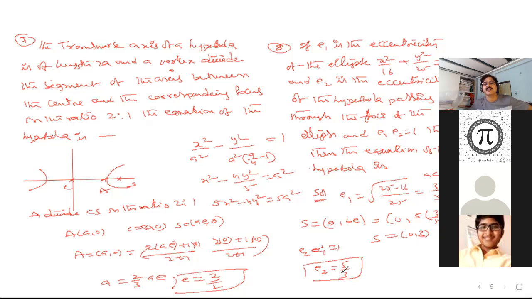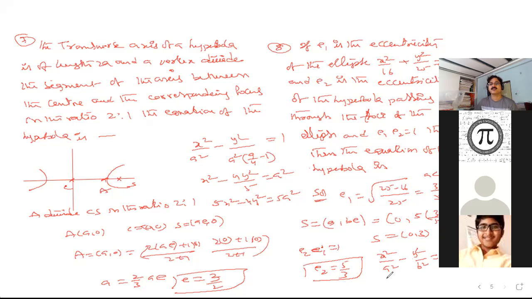Okay, once we got E2 is 5 by 3 and the hyperbola is passing through the foci. What is the hyperbola? x square by a square, y square by b square is equal to 1. The moment he said the eccentricity of the hyperbola passing through the foci of the ellipse, the foci of the ellipse is 0 comma 3.